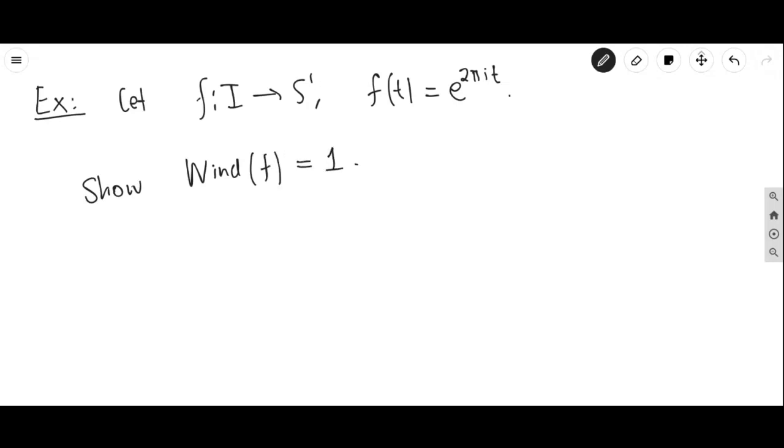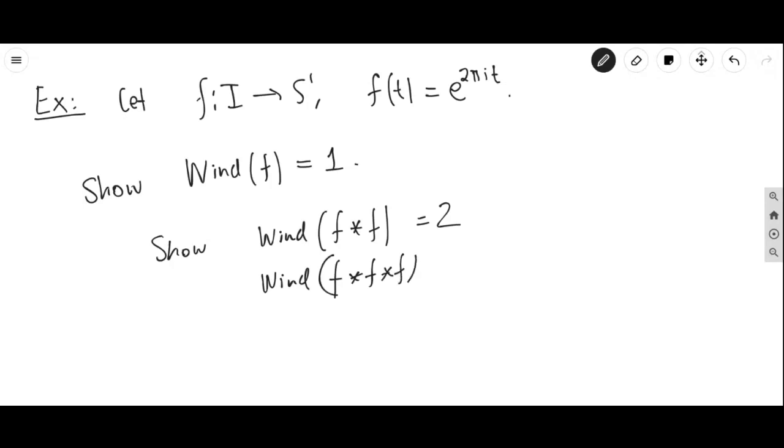And show this by carefully using the definition of the winding number. And you're going to then show that the winding number of F star F, this is when you juxtapose the paths, is 2, and then you're going to show that the winding number of F star F star F is equal to 3, and so on. The winding number of F reverse is minus 1, and so forth.